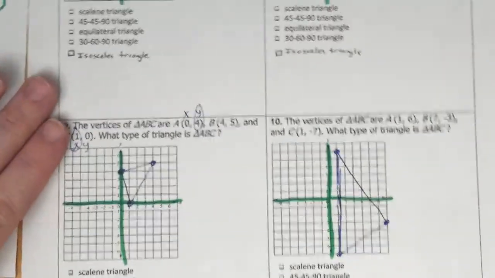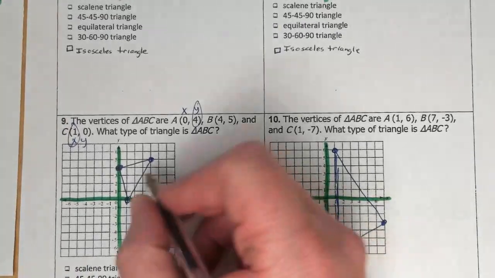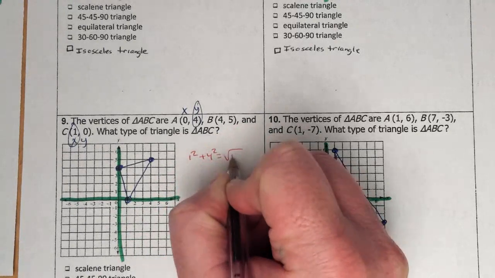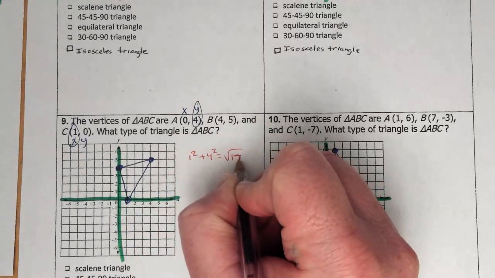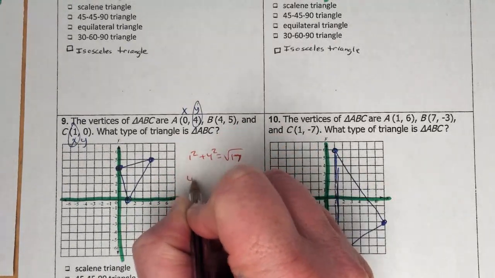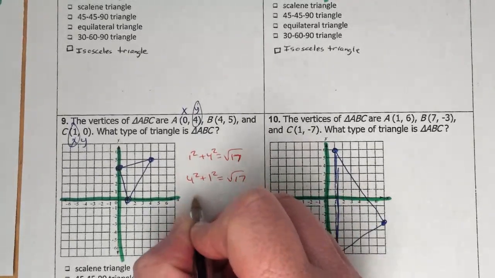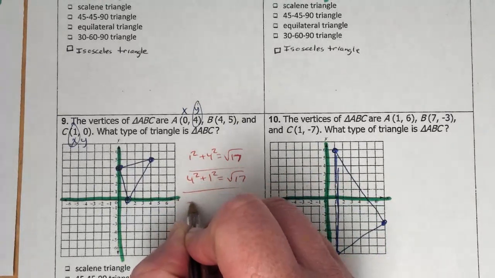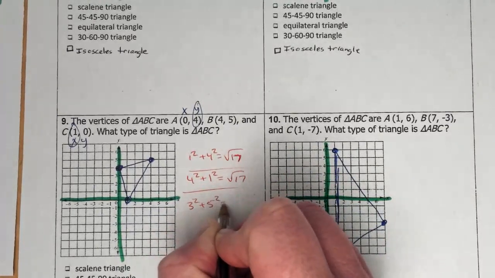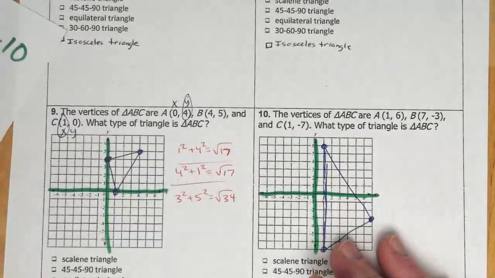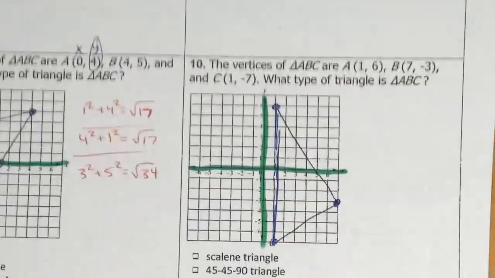All right, and then on number 9, we have a 1 by 4, radical 17. We have a 4 by 1, which is radical 17 again. And a 3 by 5, radical 34. And then for number 10, I'm going to zoom in a little better on these.